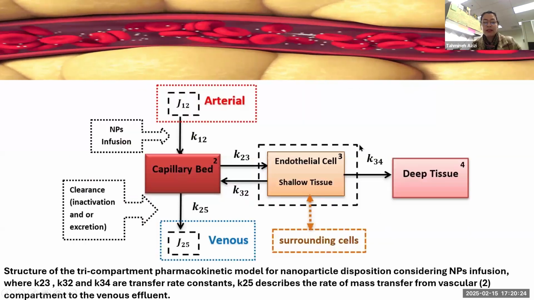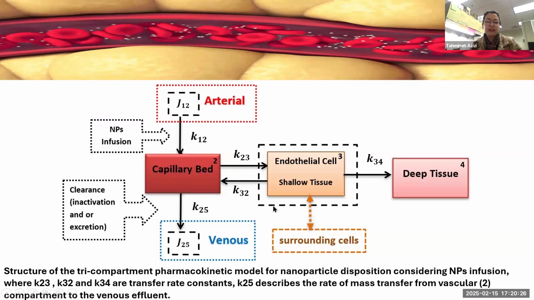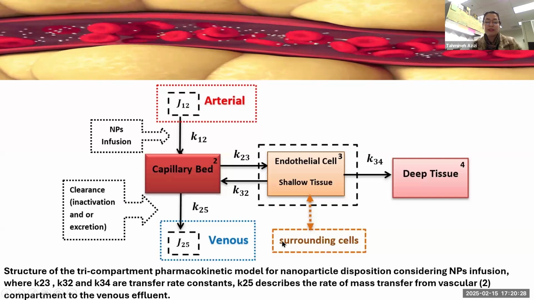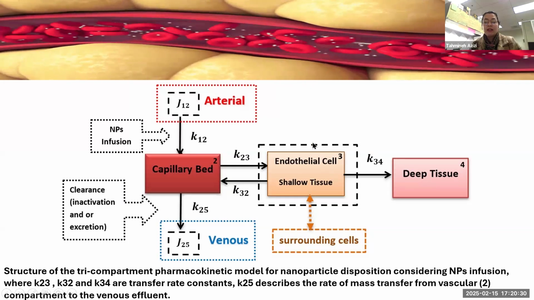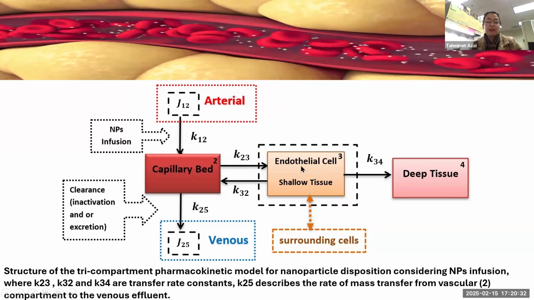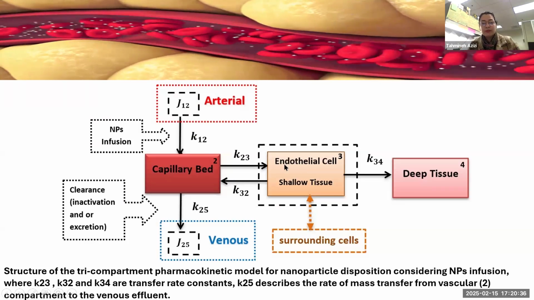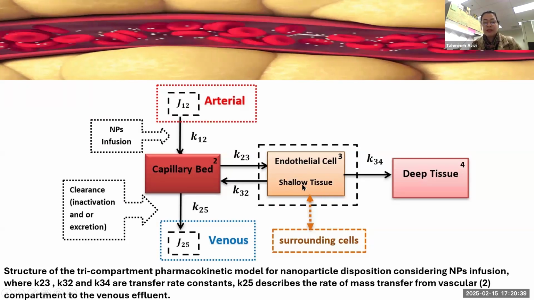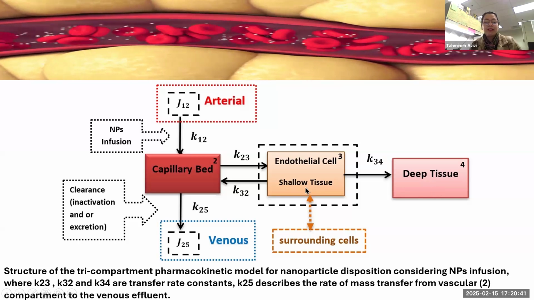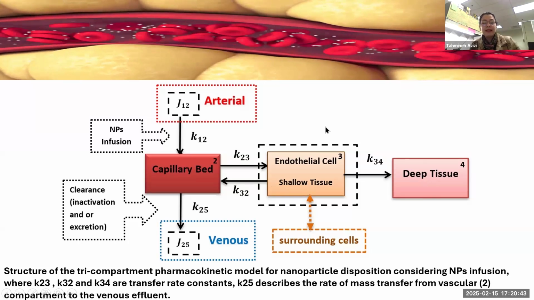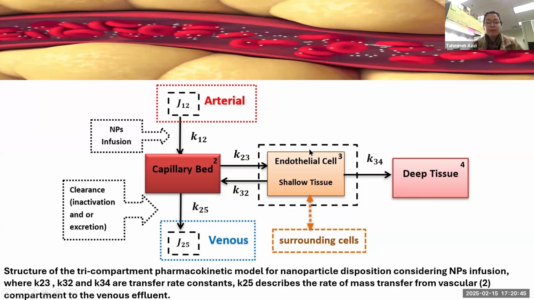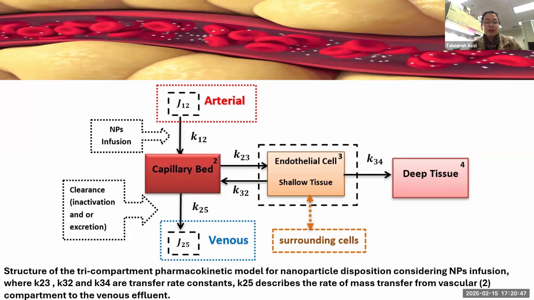So we are adding this compartment here, and we are going to ignore the surrounding cells of endothelial cells in the modeling approach, but it's better to have them. We are going to divide it into shallow tissue or deep tissue, as I'm going to call them, and having this new compartment, let's see if we can get a better solution or not.